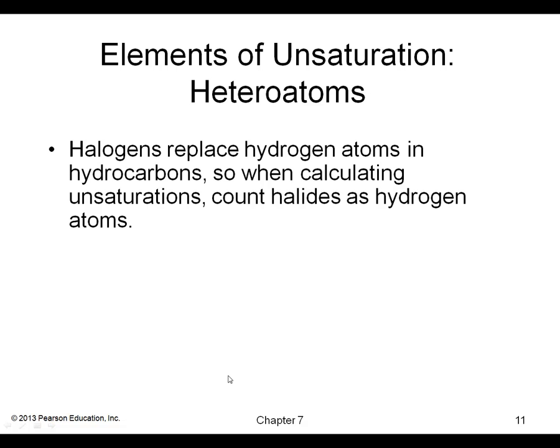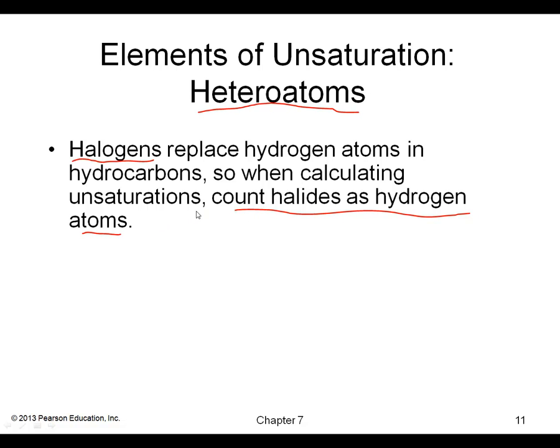So here, what do we do if we have heteroatoms, that is, other atoms besides carbon and hydrogen in the molecule? The first thing to look at are the halogens. Halogens replace hydrogen atoms, so when we calculate the degree of unsaturation, we count halides as hydrogen atoms.